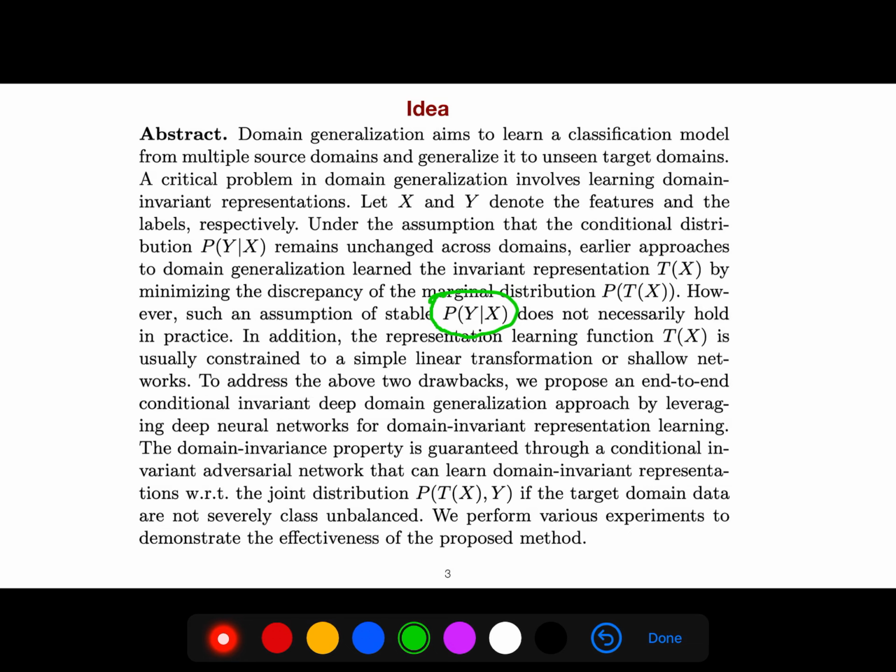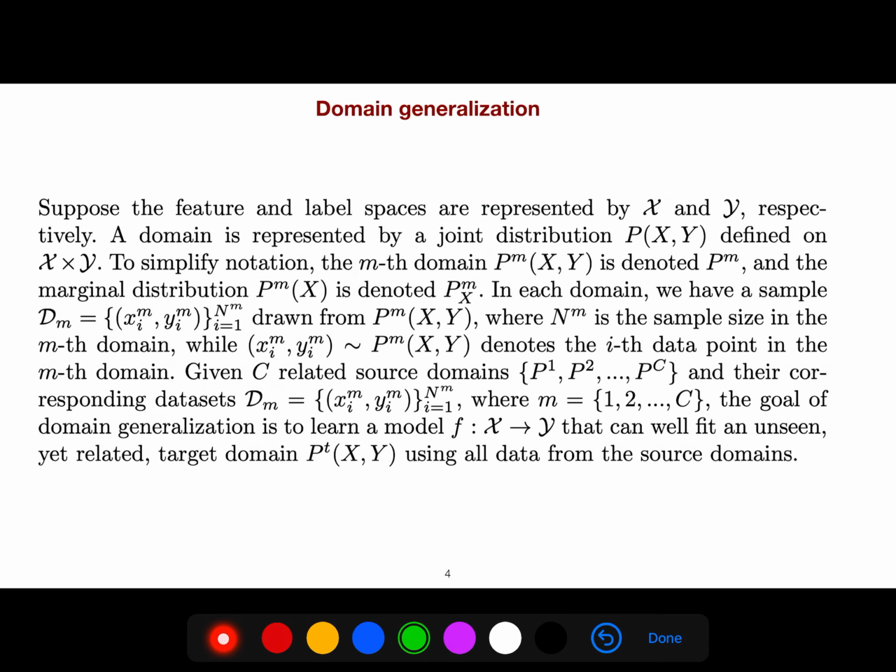The domain invariance property is guaranteed through a conditional invariant adversarial network that can learn domain invariant representation. So this is just like other papers. We will see the distinction later.